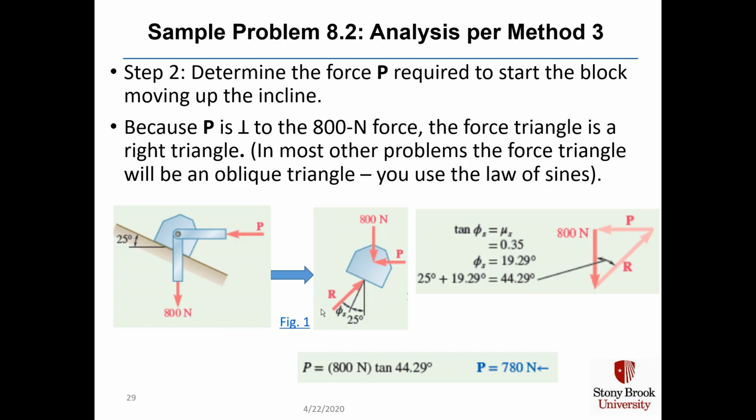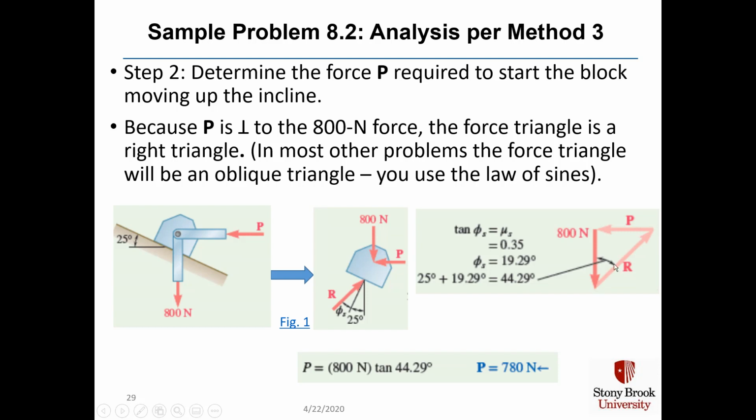Now P is perpendicular to our 800 Newton force down for the weight, and that means our force triangle is going to be a right triangle. So here's P, and there's the 800 Newton force. Those are the first two arrows you would draw in. And then you would draw R as connecting the tip of the 800 Newton arrow to the tail of the P arrow.